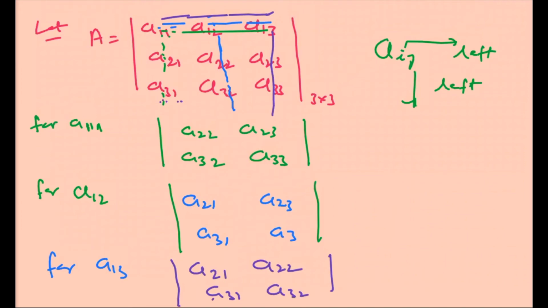Now students, can you find out all the minors of these examples? For A11, A12, A13, A21, A22, A23, A31, A32 and A33 you can find them, isn't it, or not? Should I explain it?